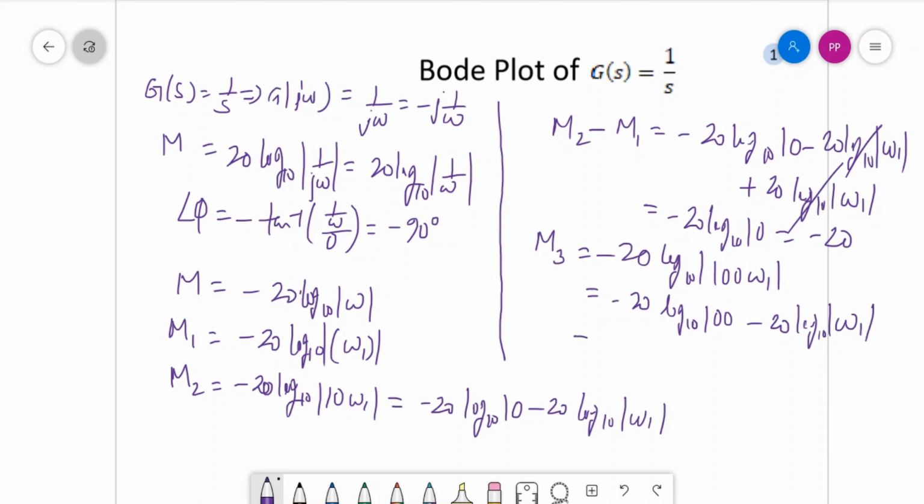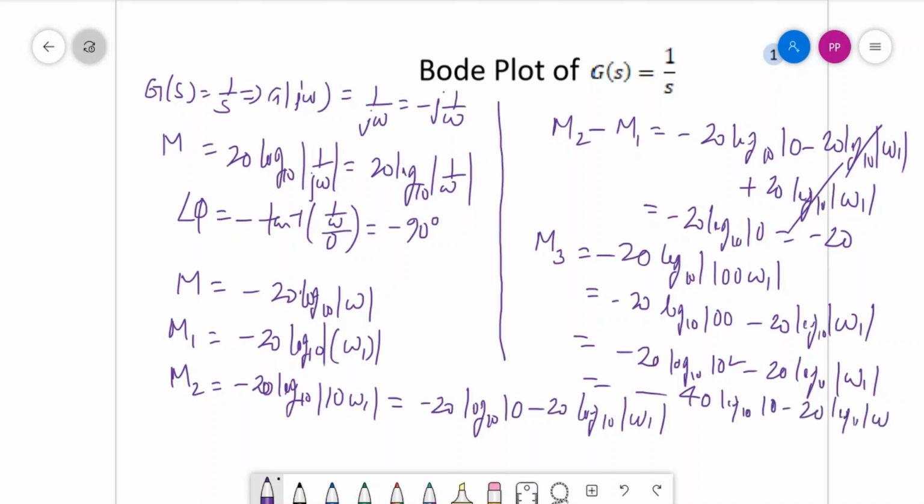So this is again equal to minus 20 log base 10 of 10 square minus 20 log base 10 omega 1. This 2 will come in front, giving minus 40 log base 10 of 10 minus 20 log base 10 omega 1, and this is nothing but equal to minus 40 minus 20 log base 10 modulus of omega 1.